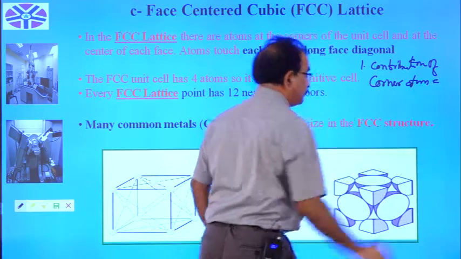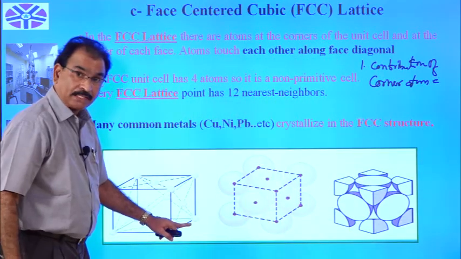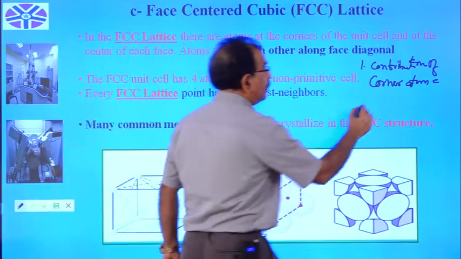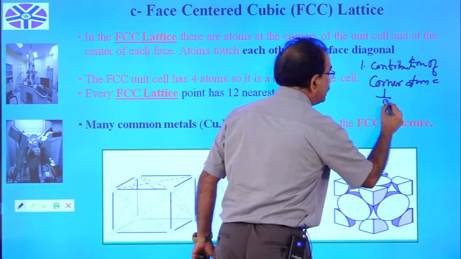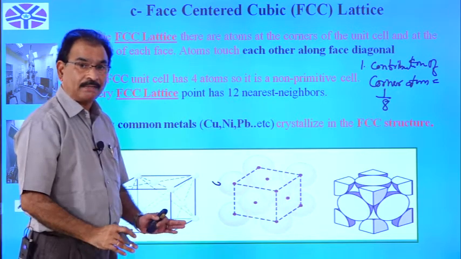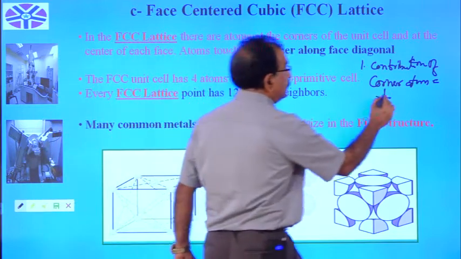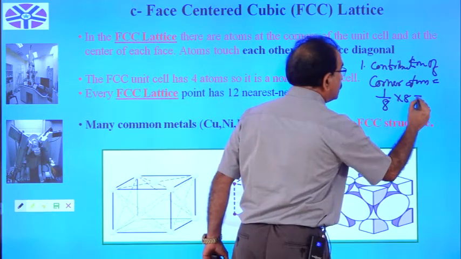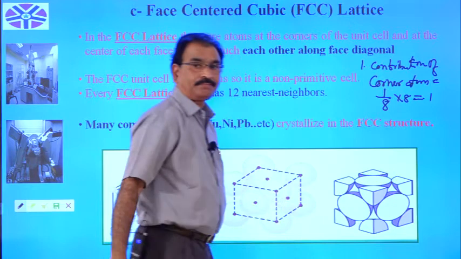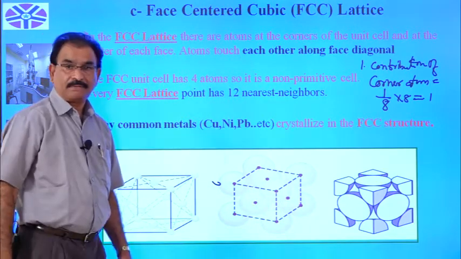How much? Each atom is shared by 8 unit cells. That means 1/8 of each atom belongs to 1 unit cell. Like that, we have 8 corners, so 1/8 into 8, that is 1. So, that is the contribution of corner atoms.